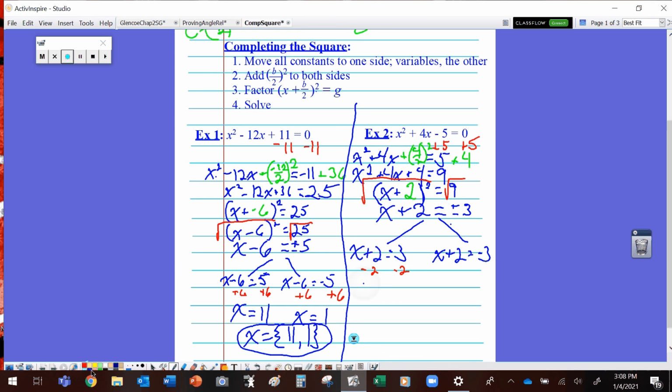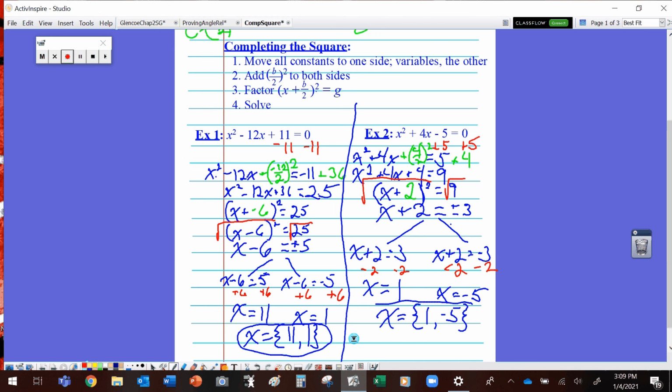And that will give me x equals 1. And then I'll subtract 2 from each side here. And that will give me x equals negative 5. So our solution set is x belongs to the set consisting of 1 and negative 5.